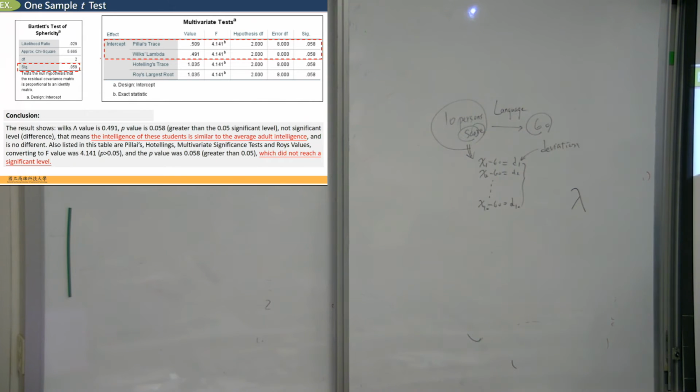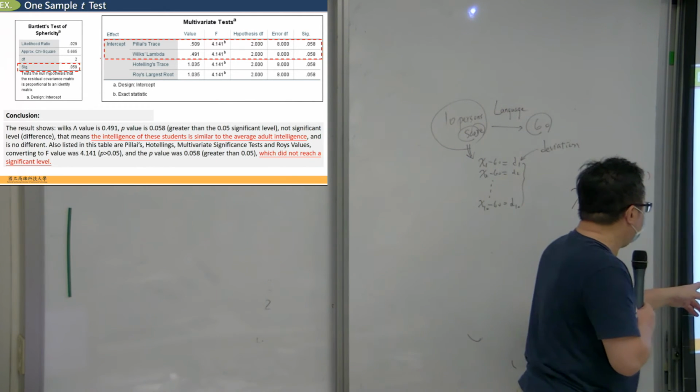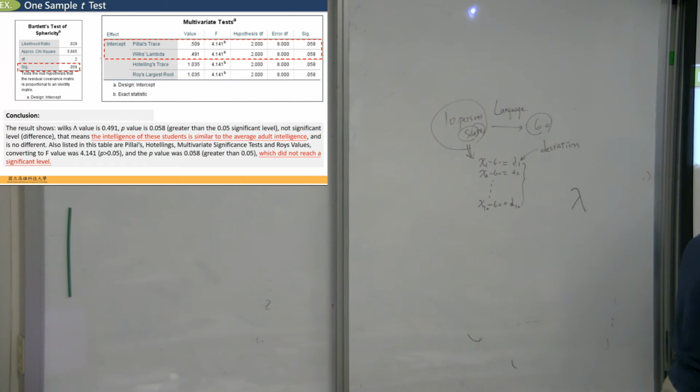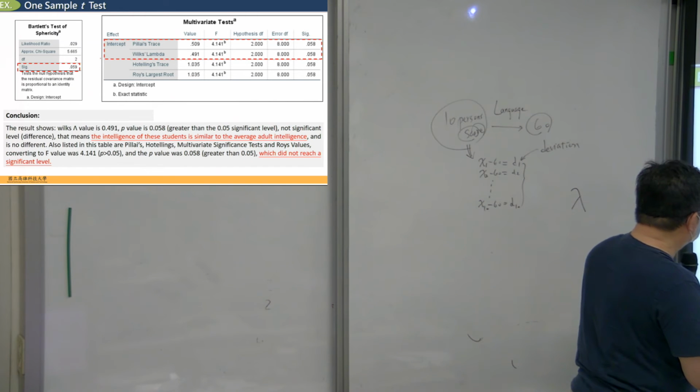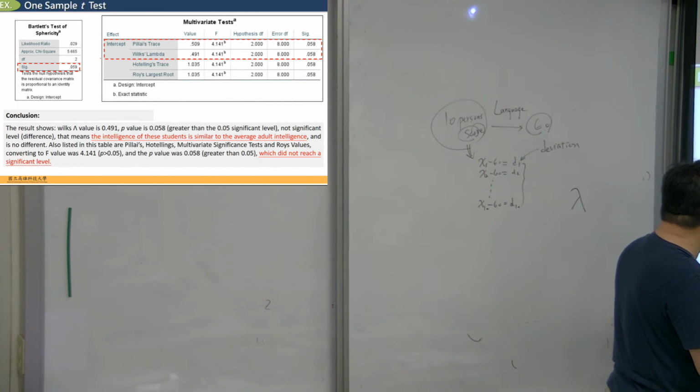Non-significant. Non-significant, that means the intelligence of these students is similar to the average adult intelligence. Yeah, students, their skill is 10. Yeah, okay?